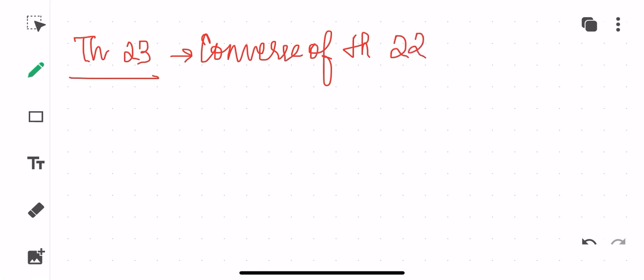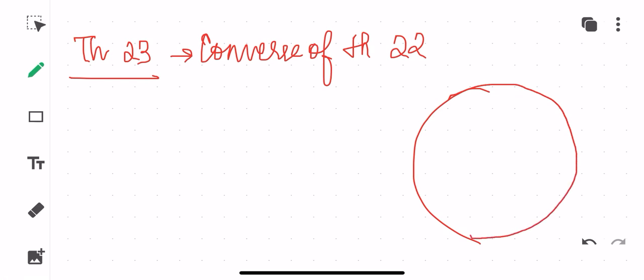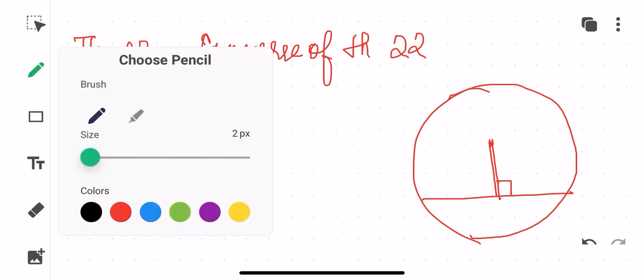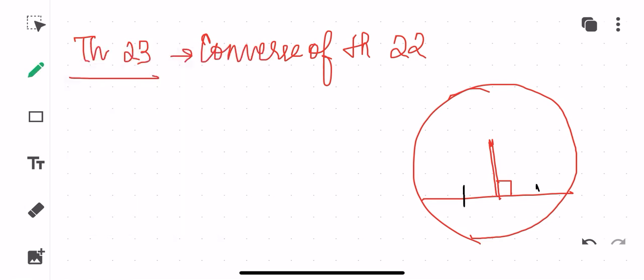What do you mean by converse, children? You will come to know now. According to this theorem, suppose in a circle there is a chord and I am dropping a perpendicular from the center, then this particular perpendicular is going to bisect my chord into two equal halves such that AP is equal to PB.